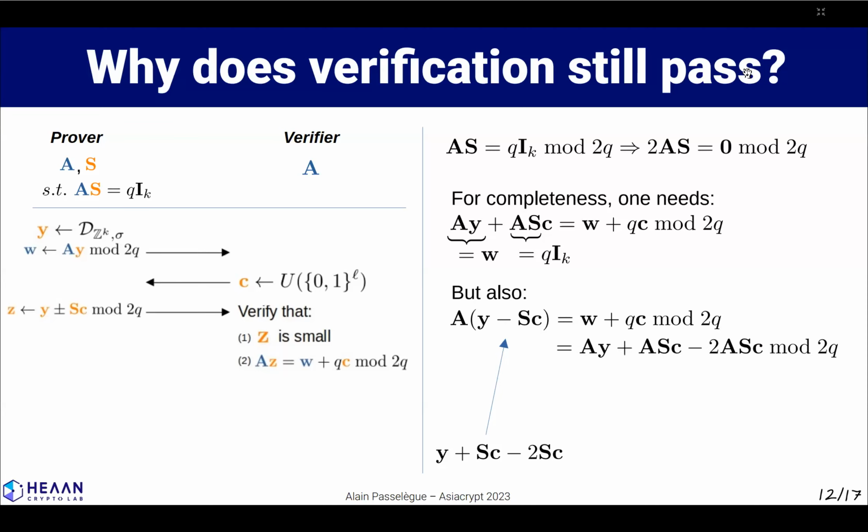Then A times Y minus SC is just this equation. And because of the key gen, the last term is 0, because 2 times A times S is 0. So again, we pass verification because in the end the minus 2SC terms cancel out, and you get the same thing as if you were using Y plus SC.